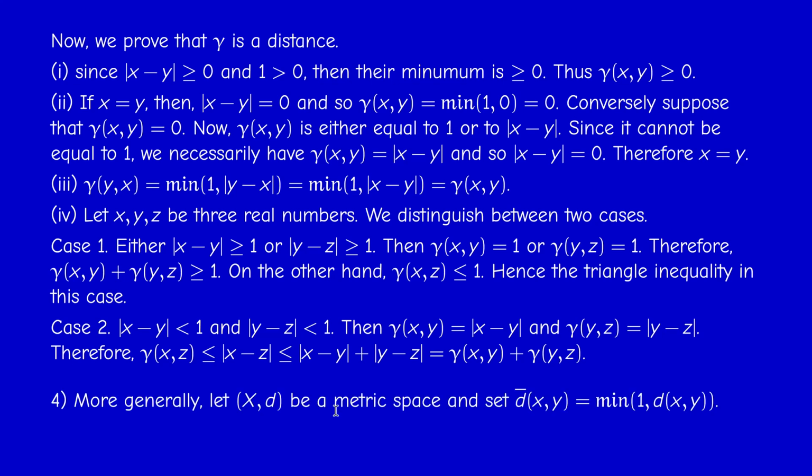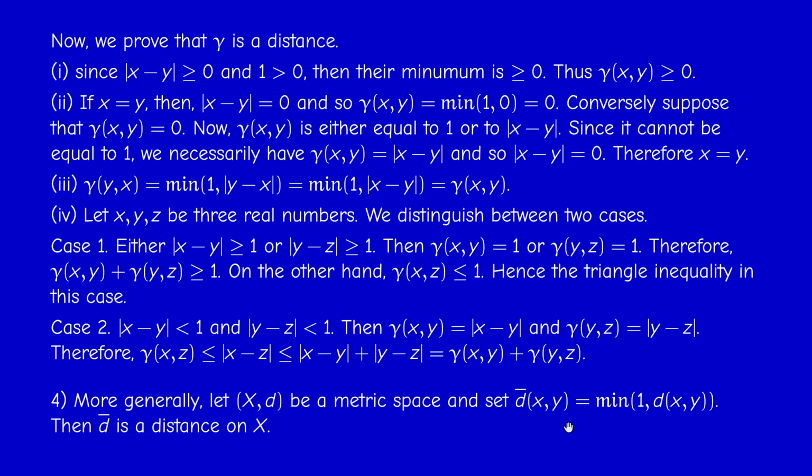And more generally, if we have a metric space (X, d), and we set d bar of xy to be the minimum between 1 and d of xy, then d bar would be a distance on X. So same proof, just replace absolute value by d, and use the triangle inequality for d.